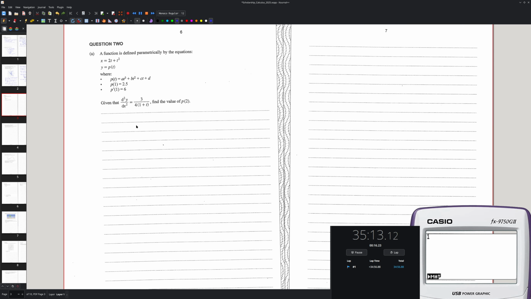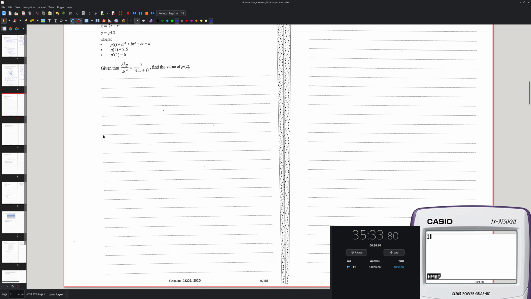Parametric d squared y over dx squared is equal to what? Bro, you literally just plug in the parametric second derivative formula.